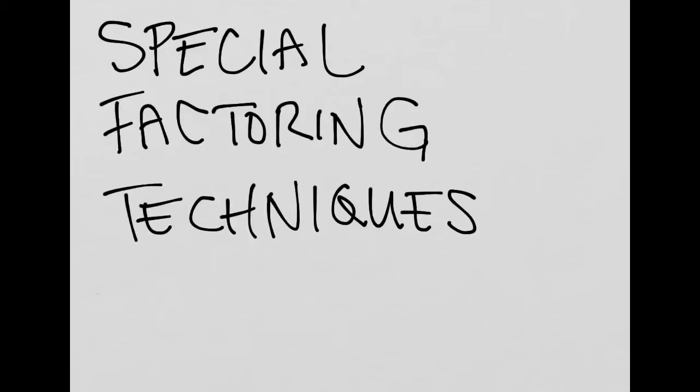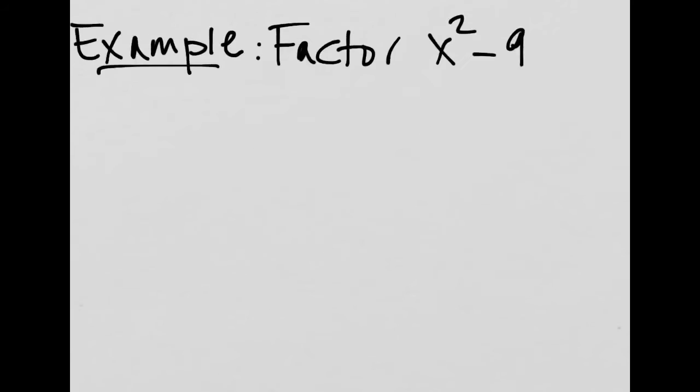In this video, I'm going to show you several examples for using special factoring techniques. Let's start with factoring x squared minus 9. X squared minus 9 can be written as x squared minus 3 squared.